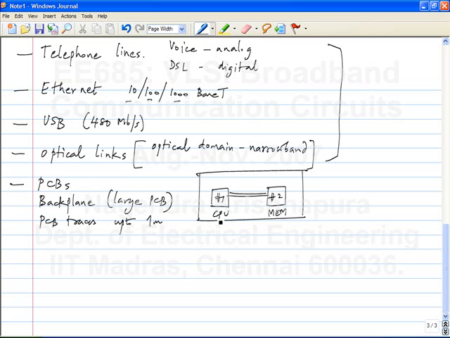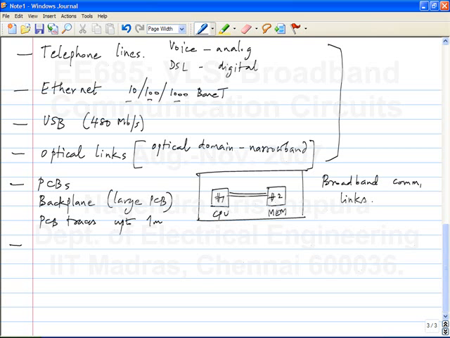Okay. So the kind of issues that you have to deal with in a PCB trace are similar to what you have to deal with in telephone lines. Maybe the frequencies are different. Maybe the exact magnitude of signals are different, but the kind of things that you will see, the kind of problems that you will see in transmitting data will be the same. Okay. So these are also broadband communication links.